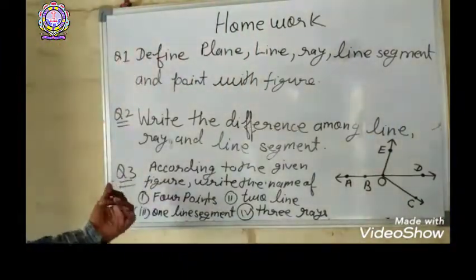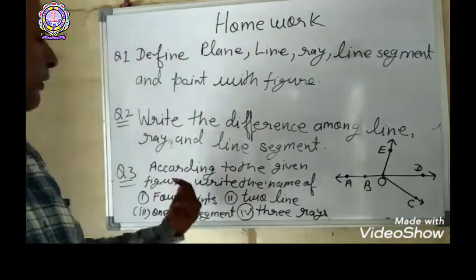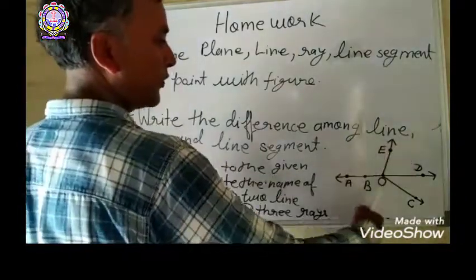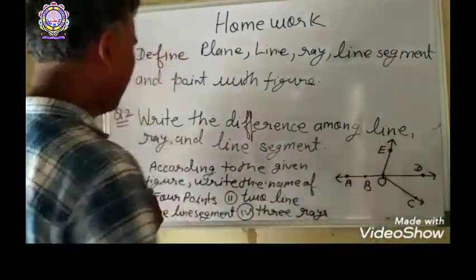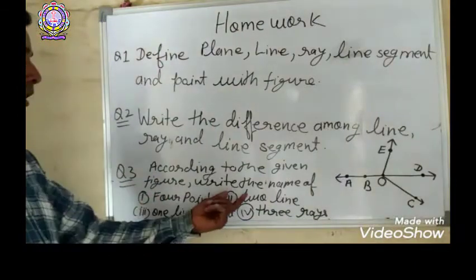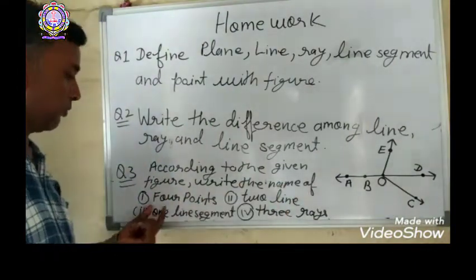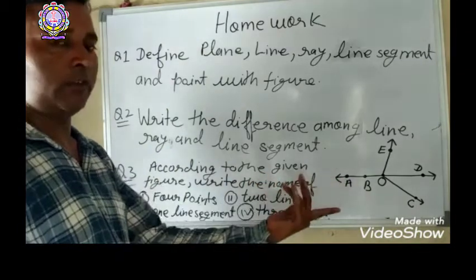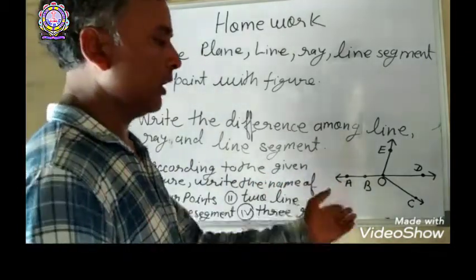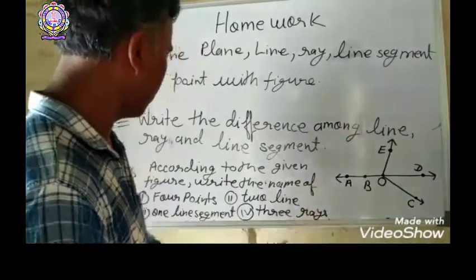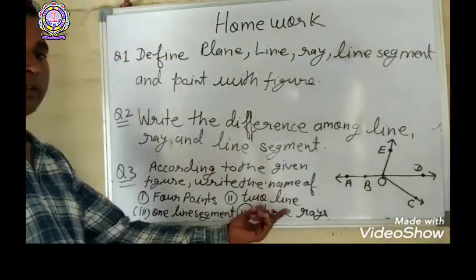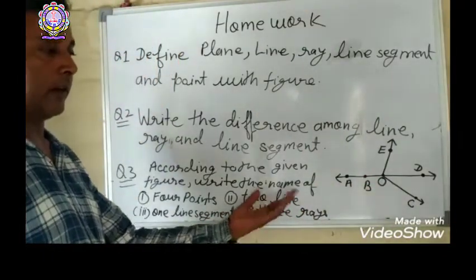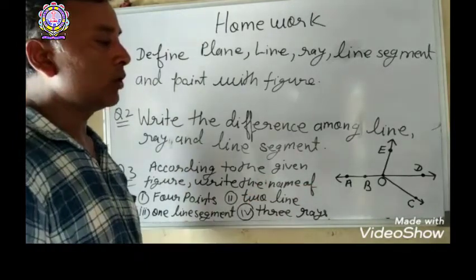Question number 3. According to the given figure, observe this figure. Write the names of 4 points. You already know points. Any 4. Write the names of any 2 lines.